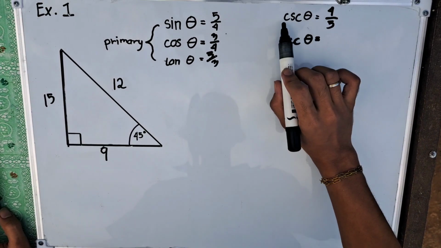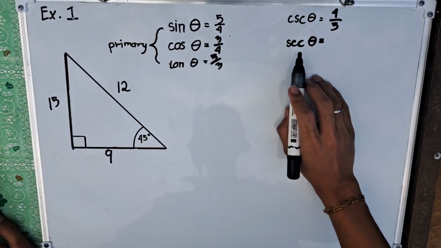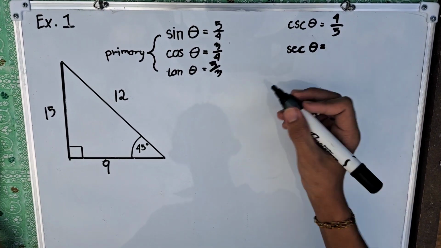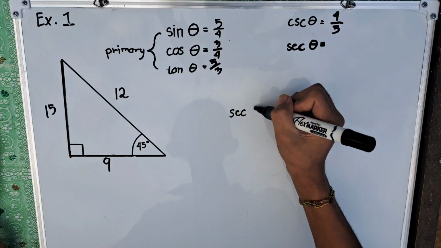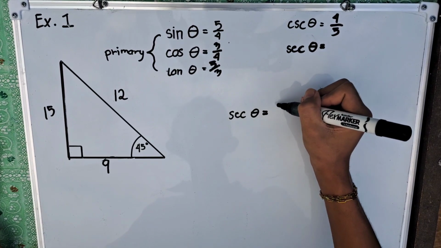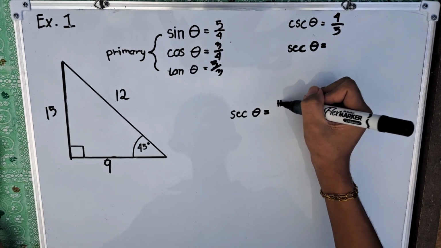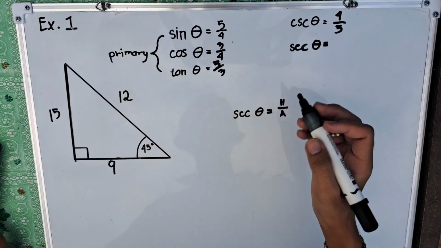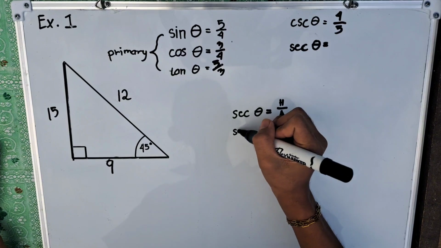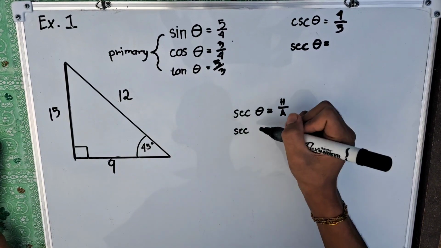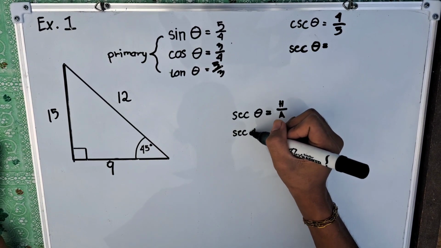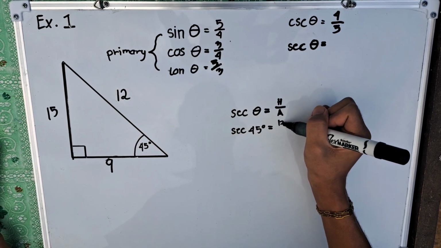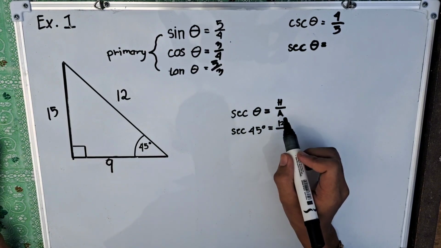So this is our cosecant, 4 over 5. Since we already solved for our cosecant, let's move on to the secant theta. We all know that secant theta is equal to hypotenuse over adjacent. Just like what we did with the cosecant and the primary ratios, let's put the given values: 45 degrees for the theta, the hypotenuse is 12, and the adjacent is 9.